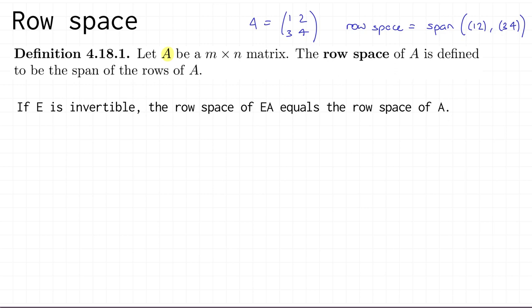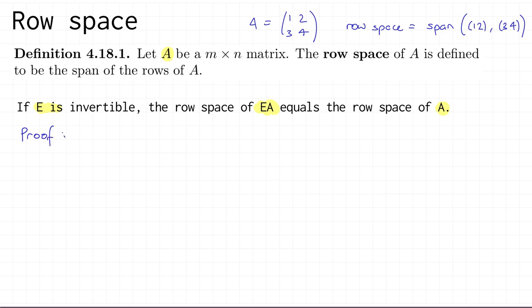The way we're going to see this is we're going to use the fact that doing a row operation is the same as left multiplying by an invertible matrix. And I claim that if E is an invertible matrix, then the row space of EA is the same as the row space of A. Let's look at why that's true.